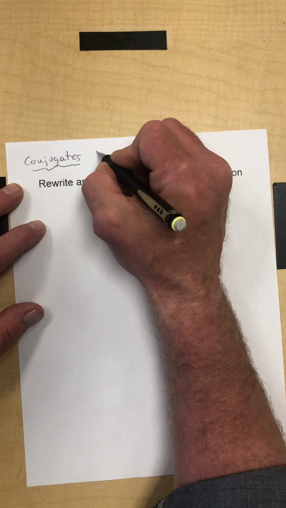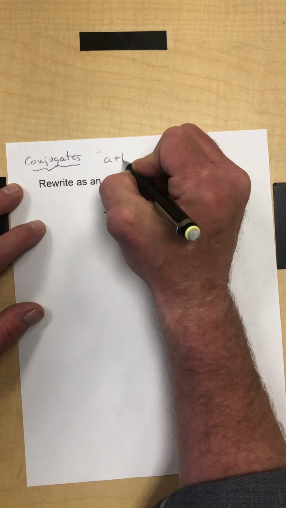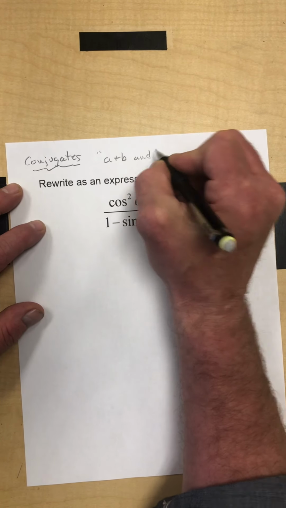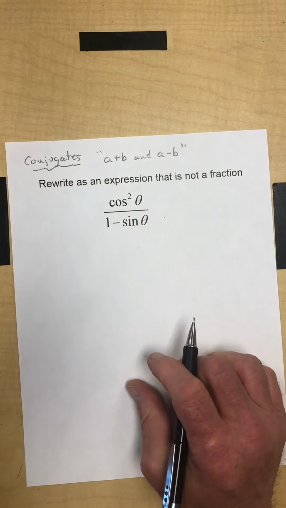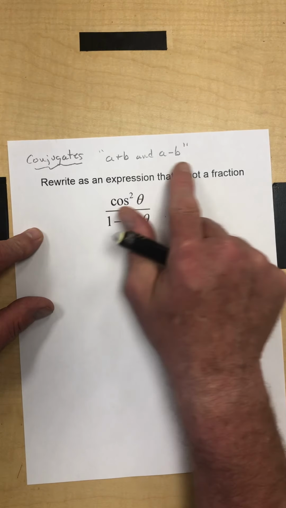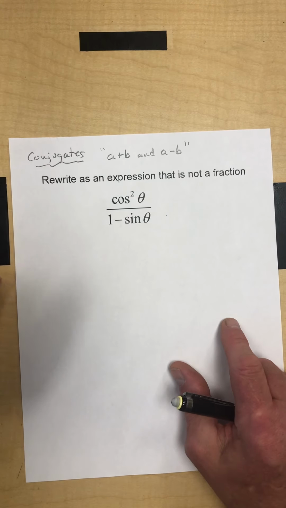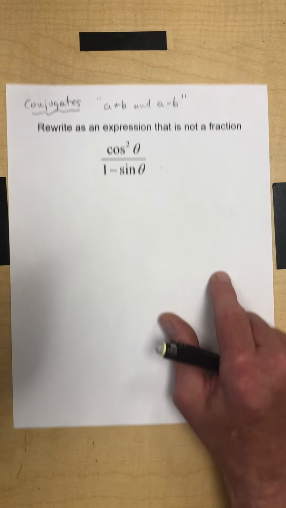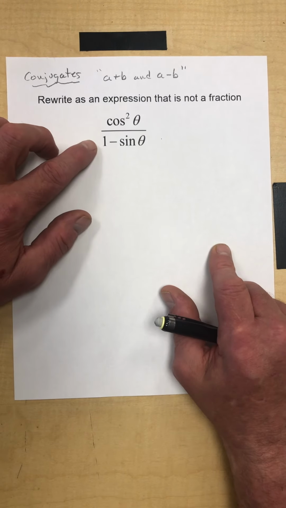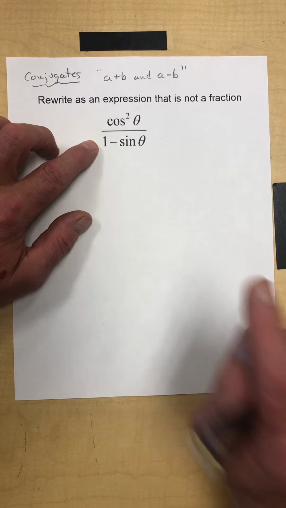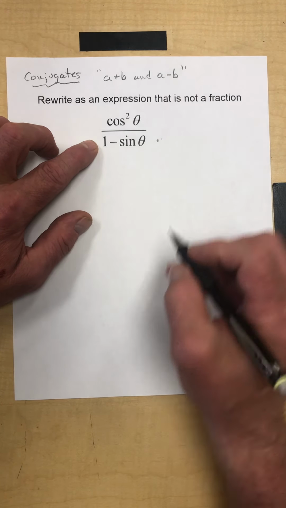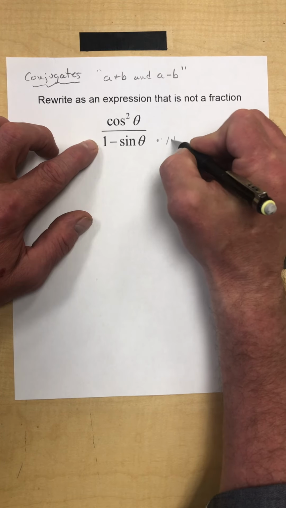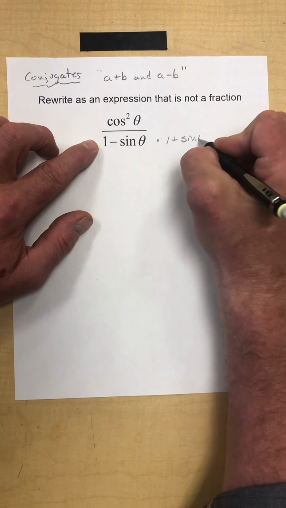For instance, you would have A plus B and A minus B. That would be a pair of conjugates. And when you multiply conjugates together, you always get a difference of squares. So why not try this? Why not multiply down below by the conjugate of 1 minus sine theta? That would be 1 plus sine theta.